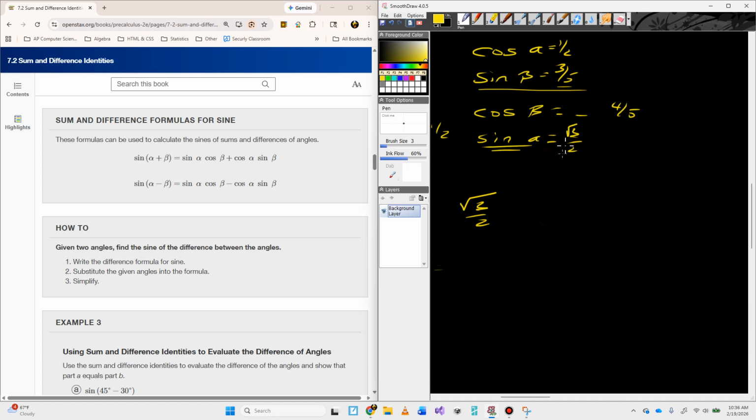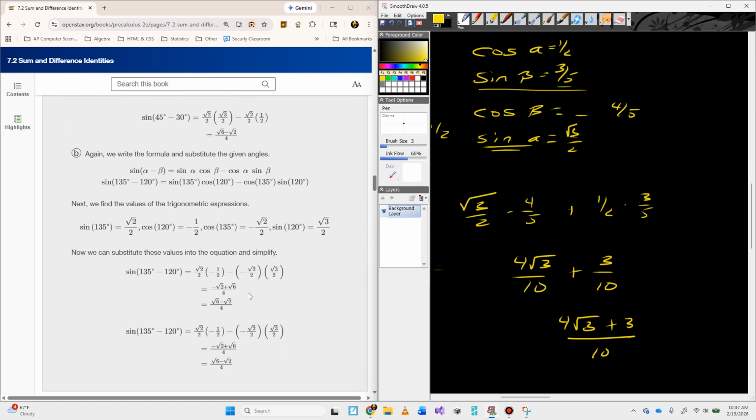That should be an equal sign. Times cosine beta, that is 4/5. And that's going to be added to, because it's alpha plus beta, cosine alpha, which is 1/2, times sine beta, which is 3/5. So that is 4 times the square root of 3 over 10 plus 3 over 10. So that's 4 times the square root of 3 plus 3, all over 10.